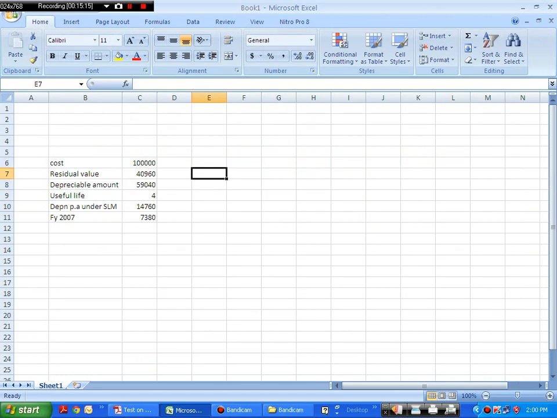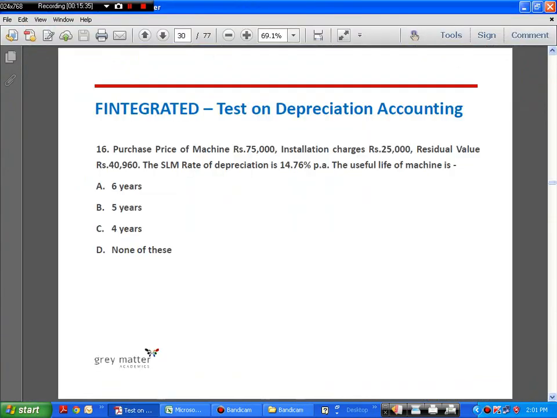Okay, so rate of depreciation under SLM is 14.76%, which means depreciation per annum is equal to 14.76% multiplied by 1 lakh. Okay, so my annual depreciation is 14,760, and they're asking us to find out what is the useful life of the machine.